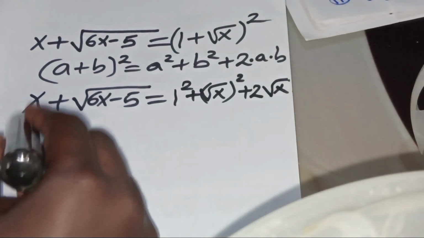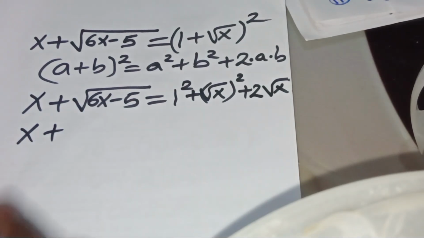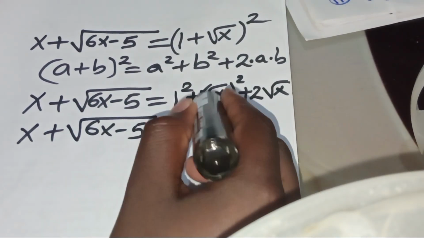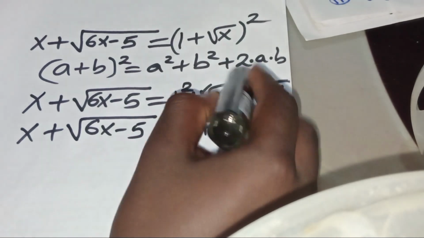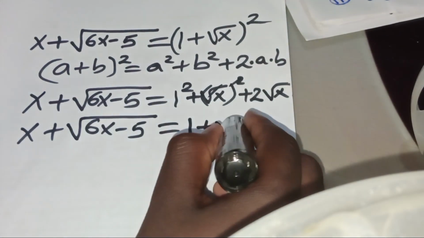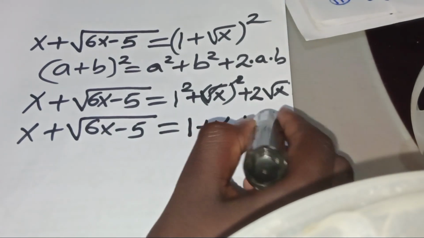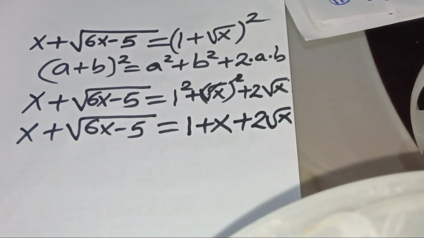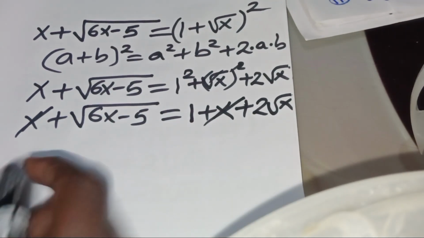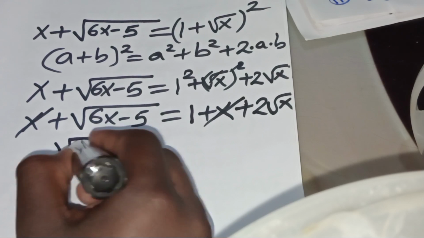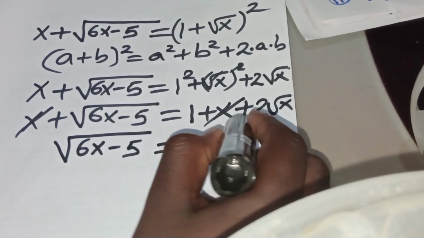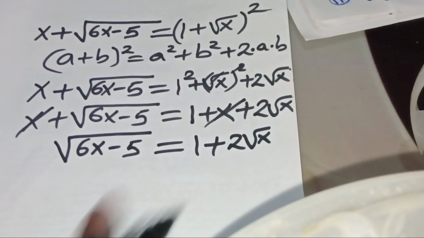So this is x plus square root of 6x subtract 5 equal to 1 plus, now square root of x squared is the same thing as x, plus 2 square root of x. So this x and this x simplify so that now we have square root of 6x subtract 5 equal to 1 plus 2 square root of x.